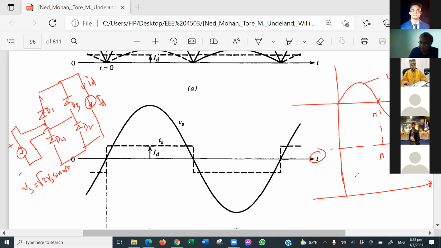If I want you to plot the output current ID with respect to omega t, a constant current, what would be the wave shape? Straight line, sir, parallel to omega t. Yes, and this value is ID.